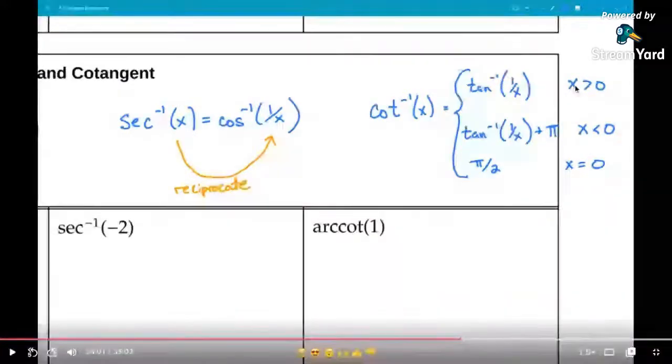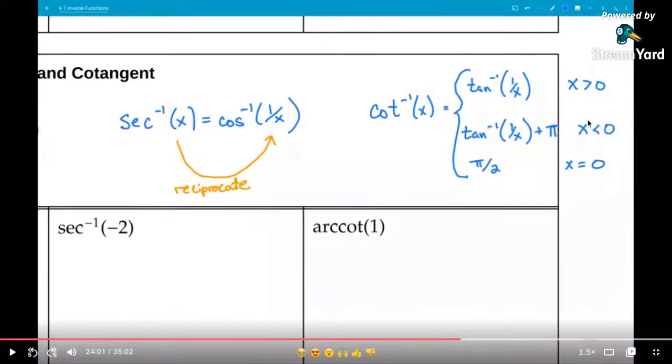So if your original x is greater than 0, then the inverse cotangent of x would become the inverse tangent of 1 over x.